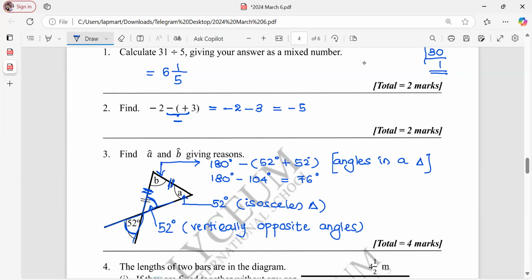As they have given that the triangle is isosceles, A is equal to 52. And if you know that A is 52 and the other angle is 52, you can find the B angle. How? You add the A and 52 and deduct it from 180 to get the B angle value.